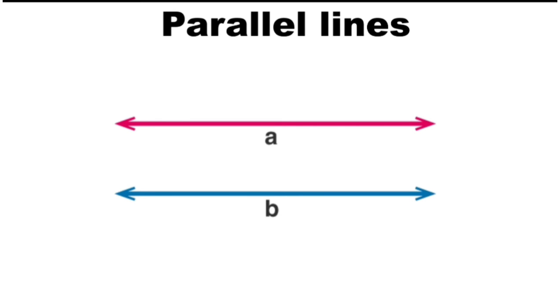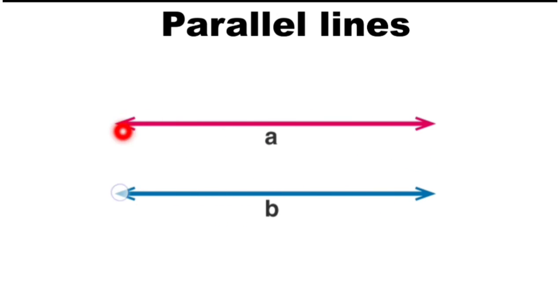Now let us see what parallel lines are. Could you see here one pink line is there named A and one blue line is there named B. They have the same distance between them.